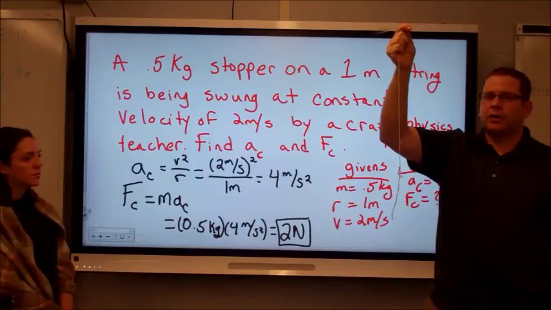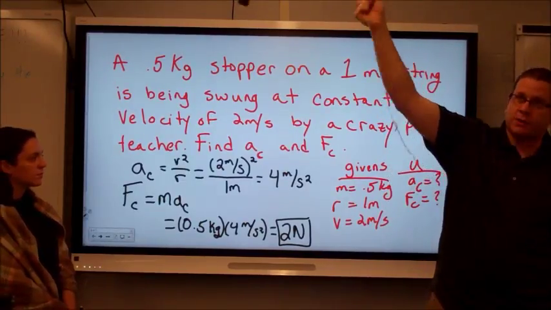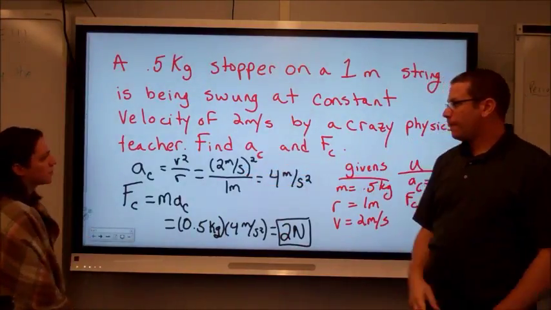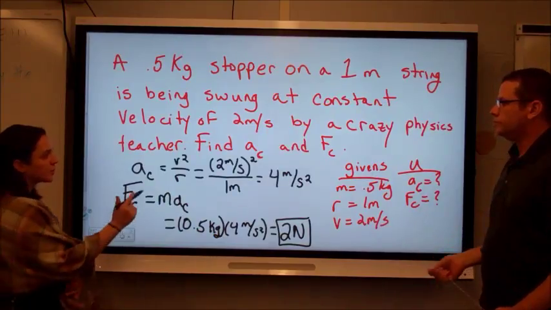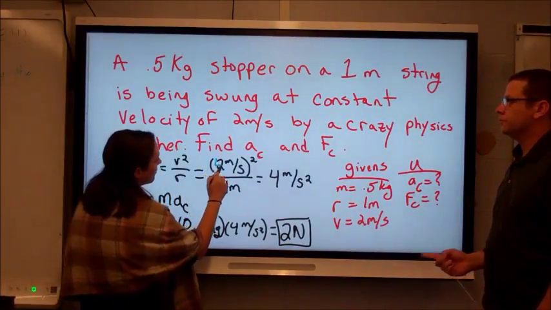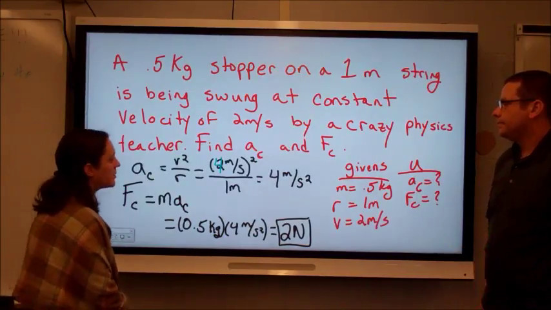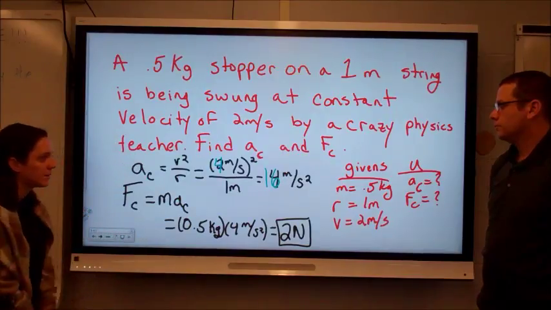Now, the question becomes, what happens if I start swinging faster? Well, if I start swinging faster, v is going to increase. So let's say that we double the speed that we are swinging it at. So instead of 2 meters per second, I now have 4 meters per second, and I'm squaring that. So that is going to become an acceleration of 16 meters per second squared.